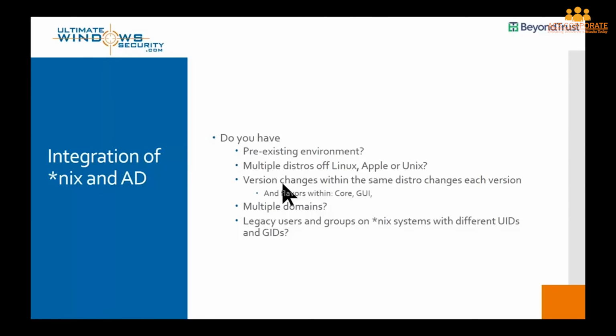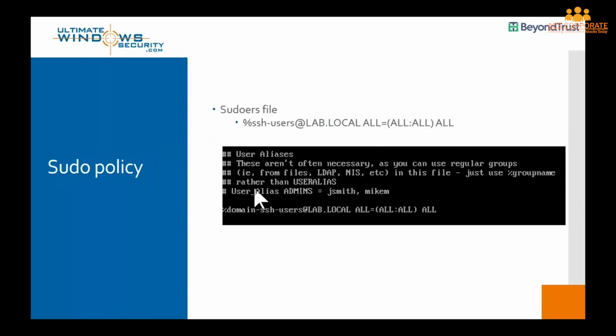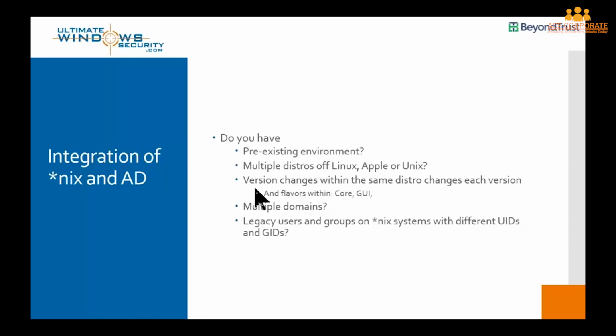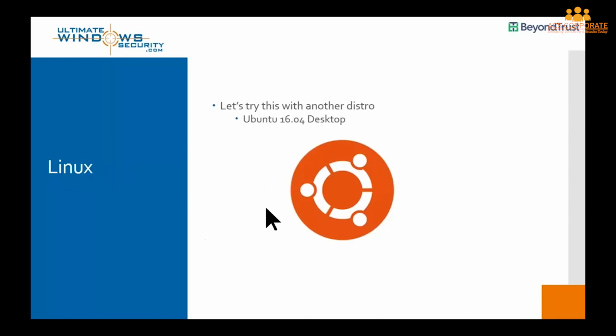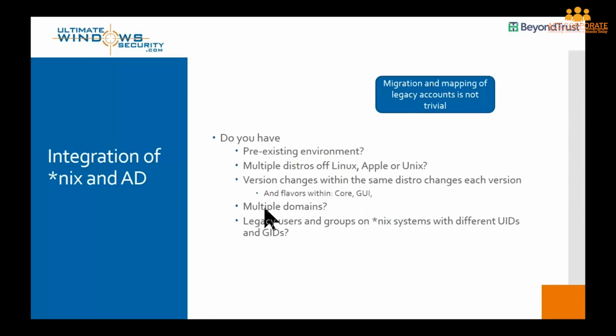Okay, so now just a couple things to think about. Are we really done? Well, here's a couple questions. Do you have a pre-existing environment of legacy accounts that you use for administering and doing other stuff, for that matter, on Linux?